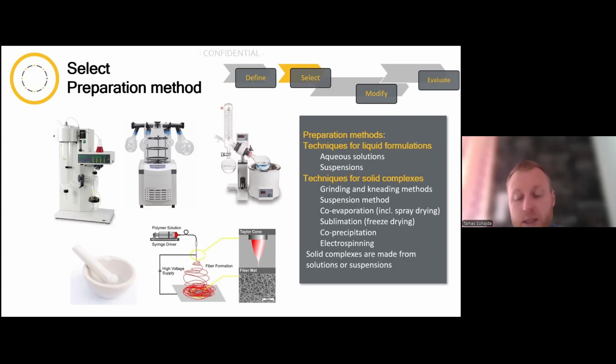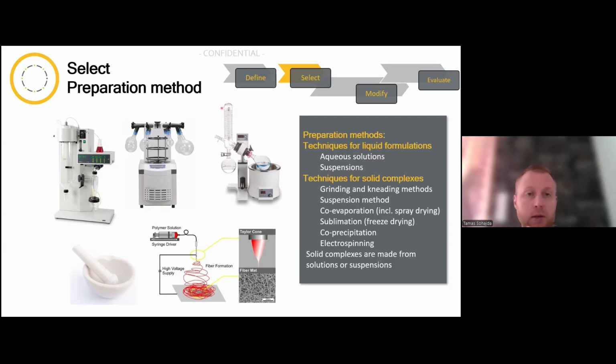In general, we could say that the complexation efficiency is the best if we use the liquid phase technique. In this case, we usually achieve either a complete solubilization of the active ingredient or as close to complete solubilization as possible, which also means the formation of the inclusion complex, which we can isolate.